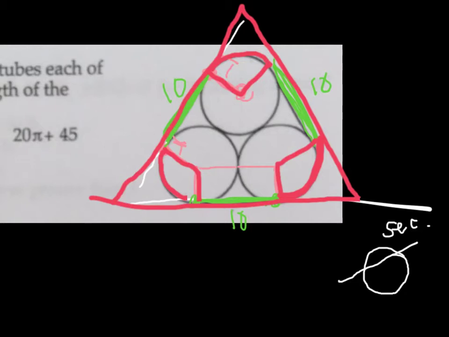Another way to think about it too is this triangle formed by the centers of the circles is most certainly equilateral. It's 10, 10, 10. And each of these lines is parallel.